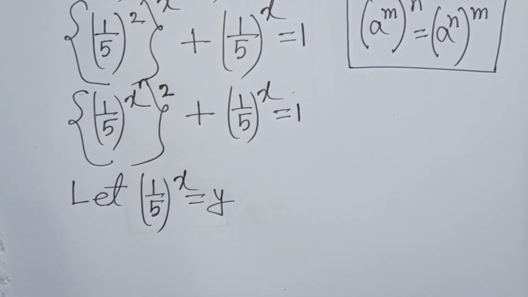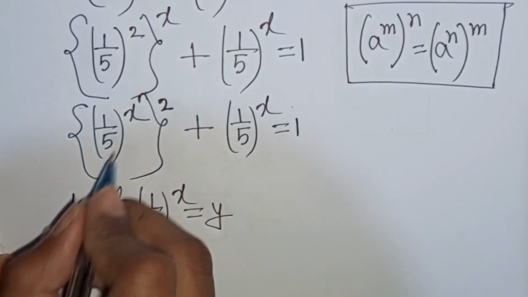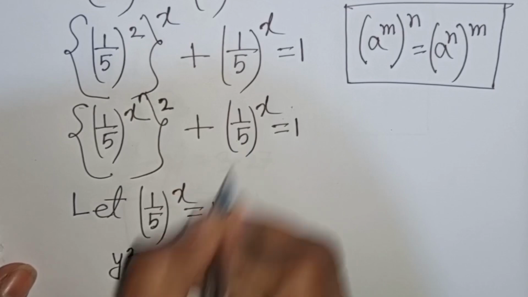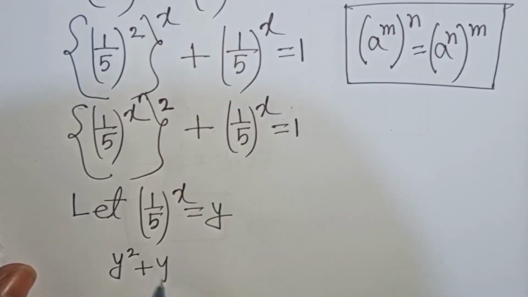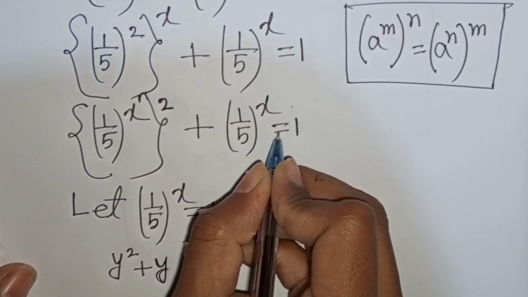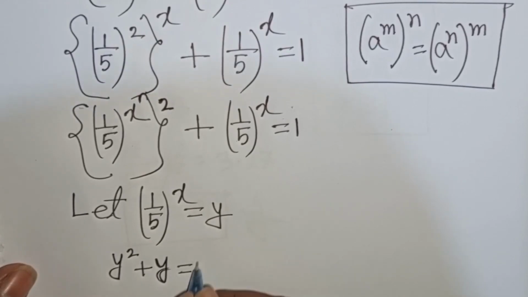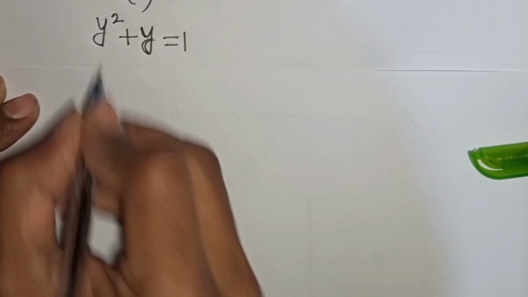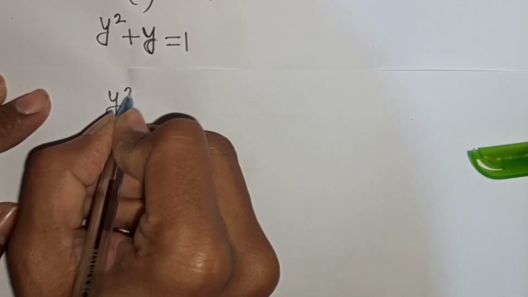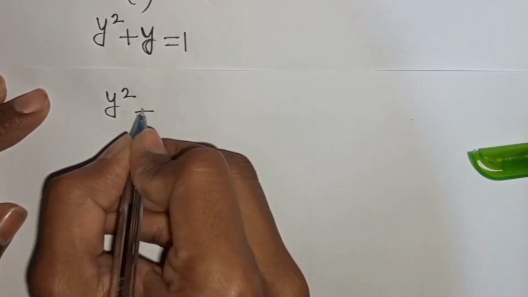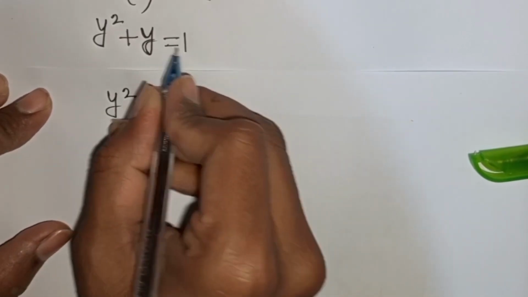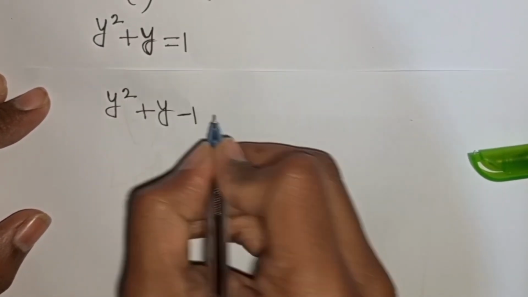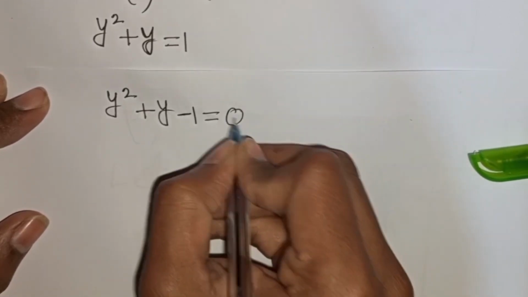So our equation will be y square plus y is equal to 1. Now we can write here y square plus y, then this plus 1 take to the left side, so this will be minus 1, then is equal to 0.